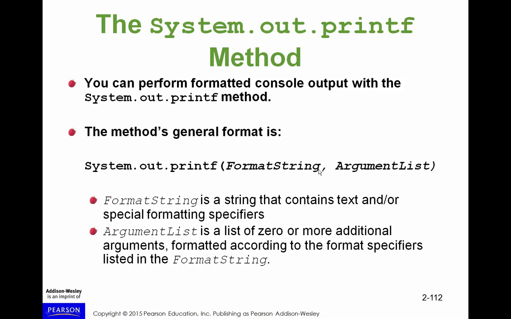It's always going to start out with a string that's called the format string, and then there's a list of arguments that are the variables or values that are going to be shoved into that string at various places to produce the nicely formatted output string that you eventually want.